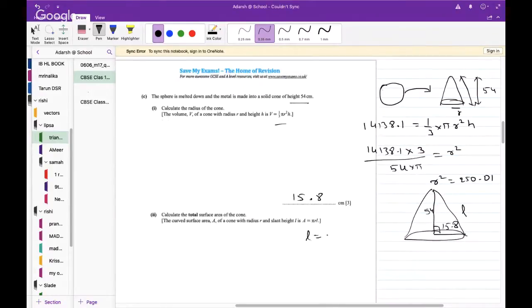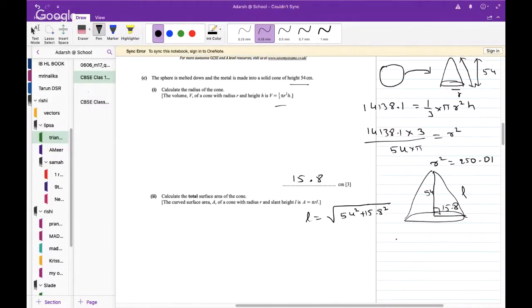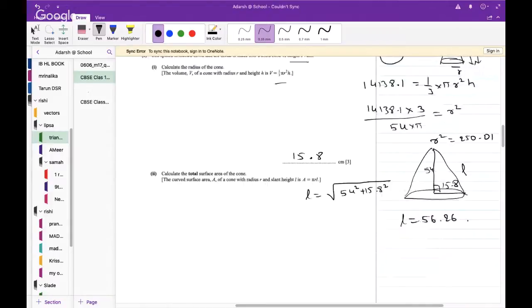So L is equal to root of 54 square plus 15.8 square. So L happens to be 56.264. Use the entire digits.